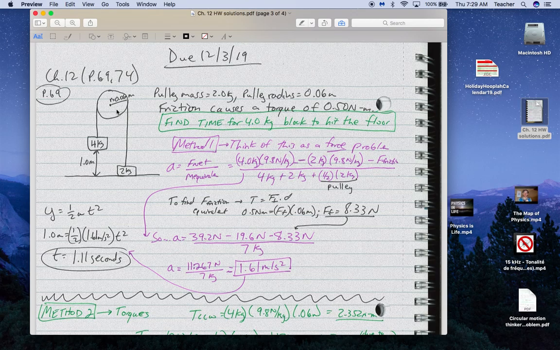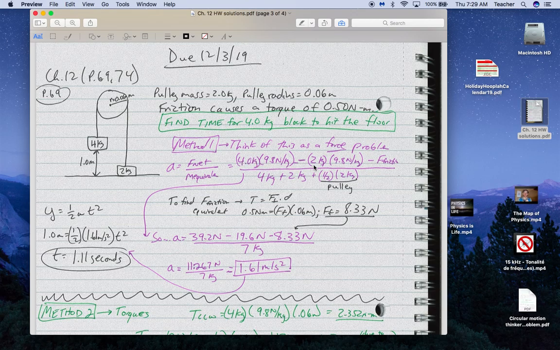So we have a 4 kilogram block, a 2 kilogram block, and the pulley is 2 kilograms with a radius of 0.06 meters. It said friction caused a torque of 0.5 newton meters, so that's a little bit of a wrench to throw in there. If I want to do F net over equivalent mass, I need the net force, which is really caused by the difference in masses here.